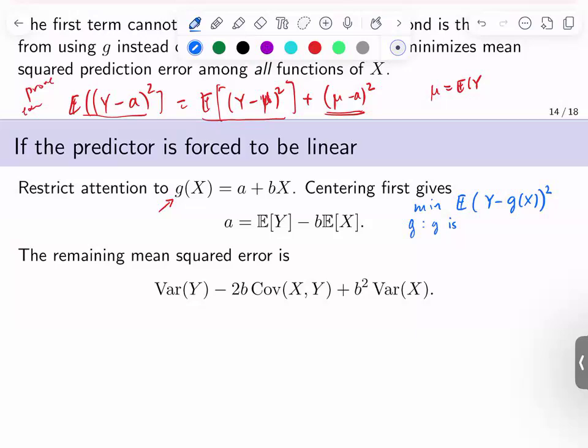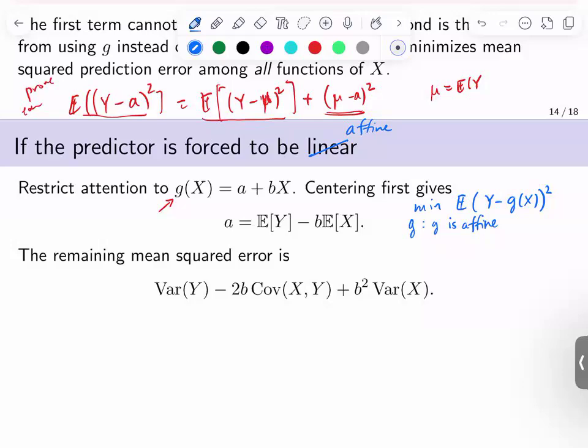Or rather, it should be affine, which is more precise. Affine means a function that looks like this: a constant a plus b of x. It would be linear if a is zero. Sometimes you call it linear, but if you want to be very precise mathematically, it's really an affine function. So restrict attention to affine functions.